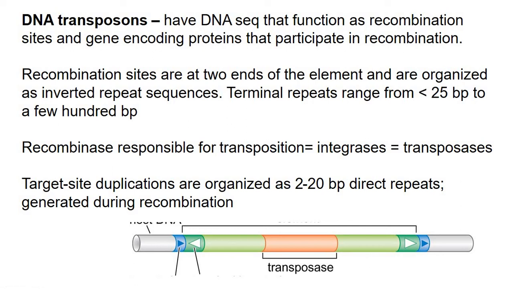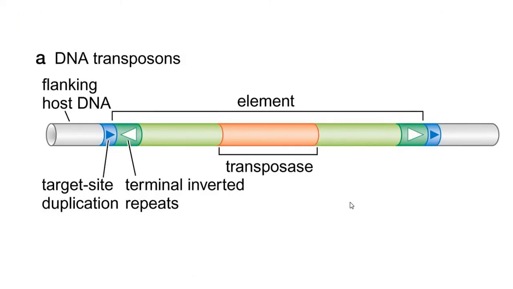These are generated during recombination, but these are not part of the mobile element. So here again, this shows the structure. You probably now know it pretty well. We don't need to go into too much detail. Again, the target site duplication, the element starts from here and here, inverted repeats, transposable element, transposase coding sequence.